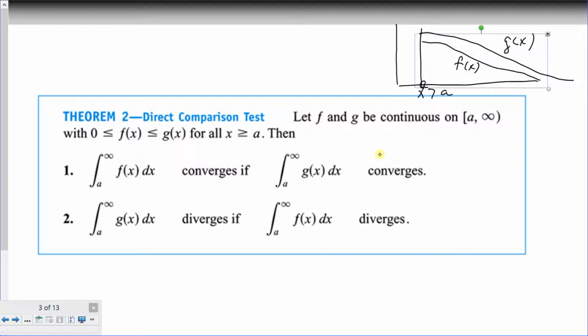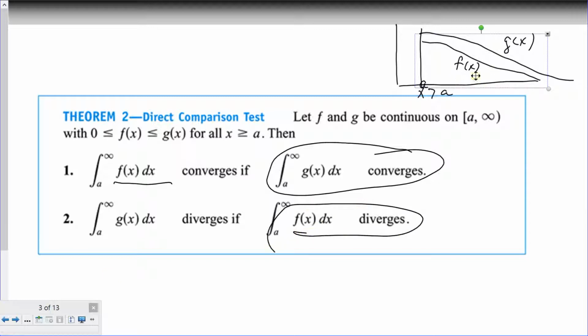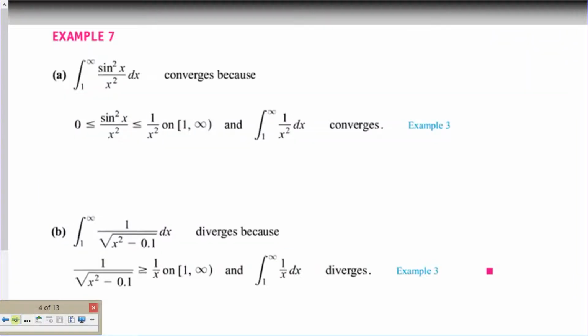Then we know that if g of x converges, then the integral of f of x from a to infinity must converge. But suppose f of x diverges, so the area here is going to infinity. That also means that because g of x is always greater than f of x, g of x diverges also.